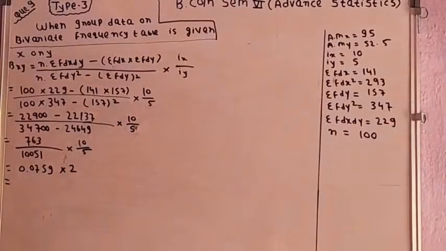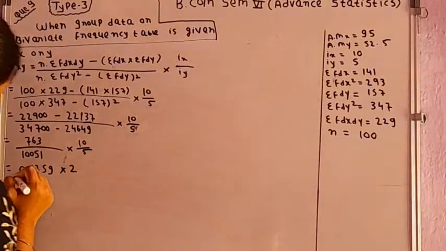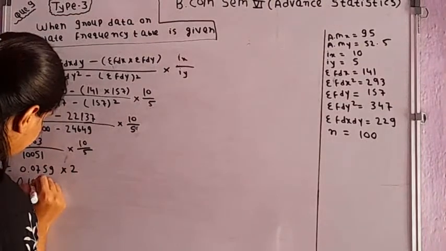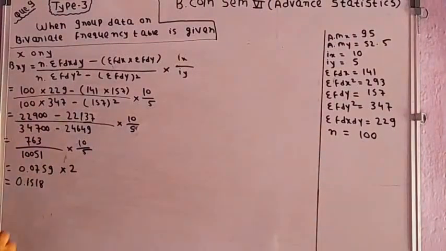So 0.0759 into 2 comes to 0.1518. So this way we have calculated the regression coefficient of x on y.